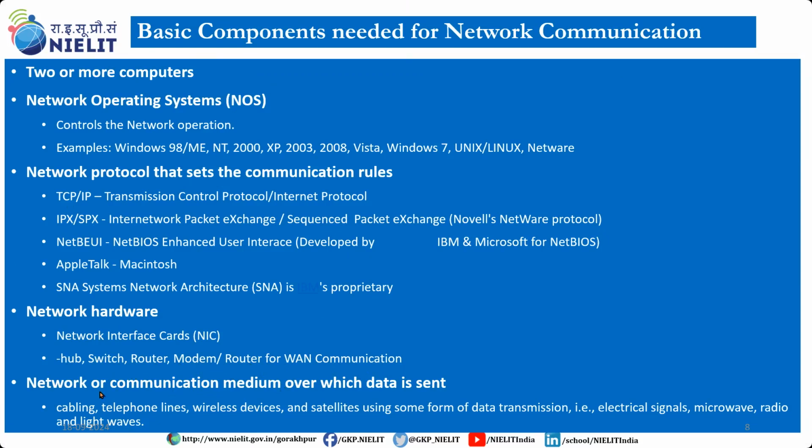Then there is the network or communication medium over which data will be sent, the physical or unguided medium where we are going to transmit the data. This data can be transmitted through a cable, over a telephone line, or over wireless communication channels or satellite communication channels.